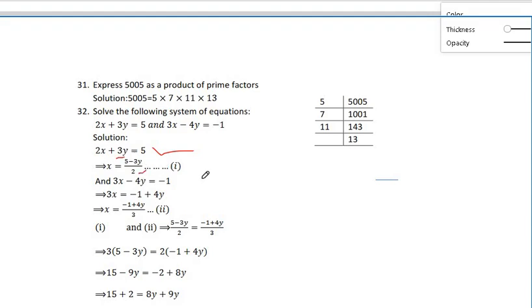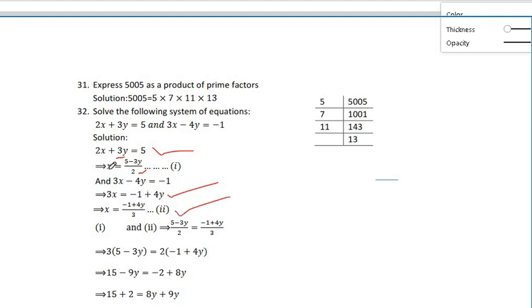The second equation is 3x minus 4y equal to minus 1. 3x equals minus 1, and the minus 4y from the left hand side will be plus 4y on the right hand side. Divide by 3, so x equals (minus 1 plus 4y) by 3.